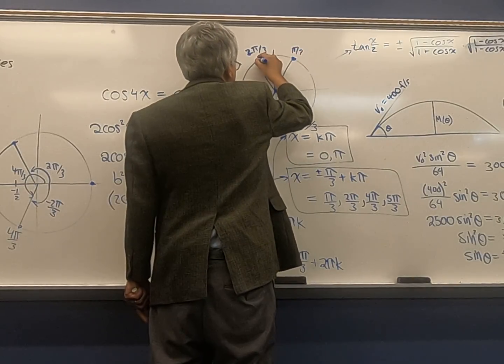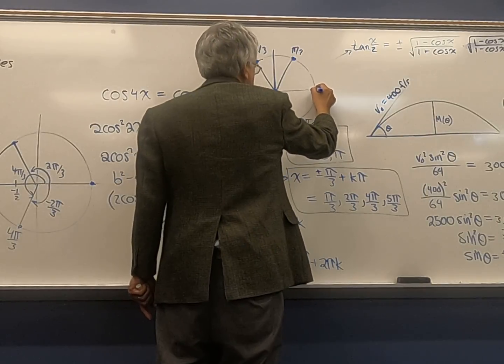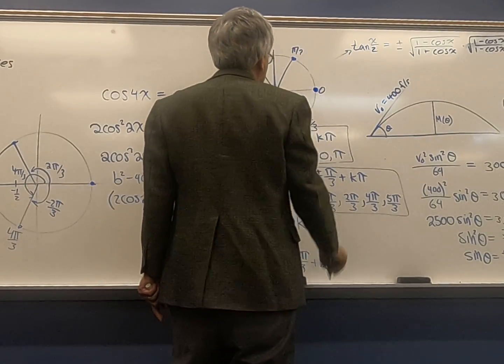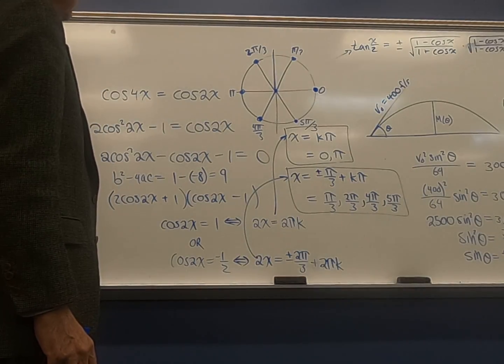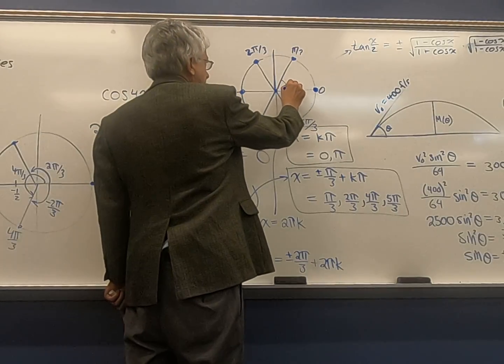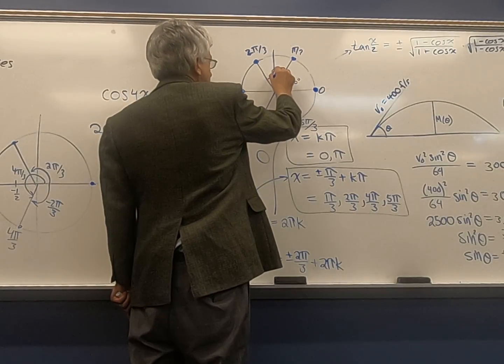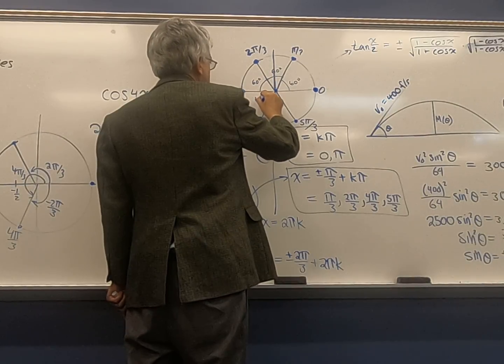So this 2, 3, 4, 5, and then 0 is also a solution, right? So there's 6 different places evenly spaced around the unit circle with central angle 60 degrees here, right? Another 60 degrees here, another 60 degrees here, and so on, going around.